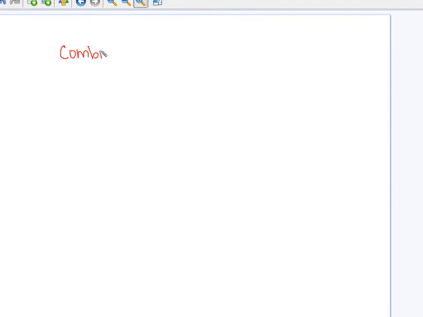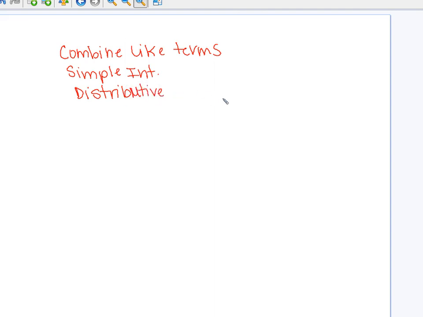So on the quiz, you'll see combining like terms, simple interest, distributive property, that would look something like this: 3x and 5y plus 2. So you need to distribute. So that would be 15xy plus 6x.